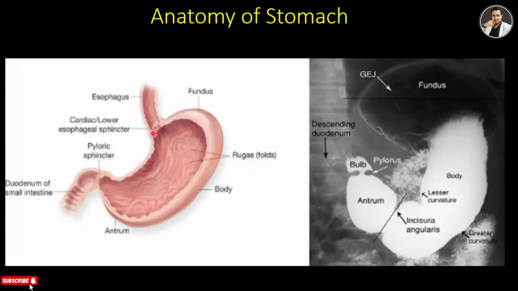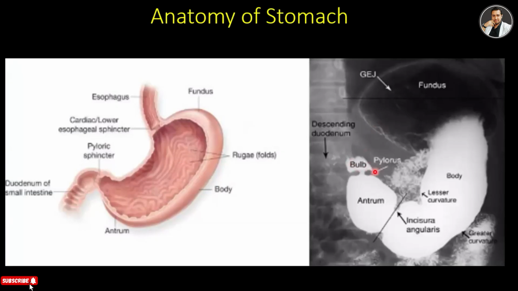This is the lesser curvature of the stomach, and this is the greater curvature of the stomach, and this part is the body of the stomach, and this is the antrum of the stomach, and this is the pyloric sphincter, and this is the duodenum of the small intestine.